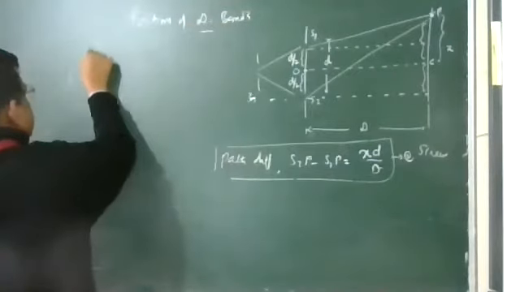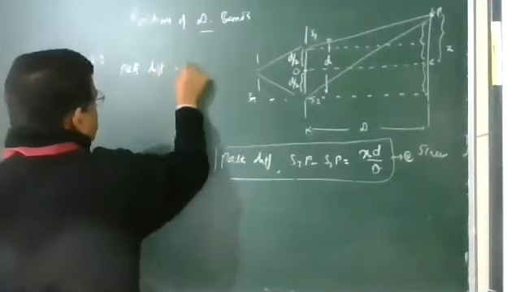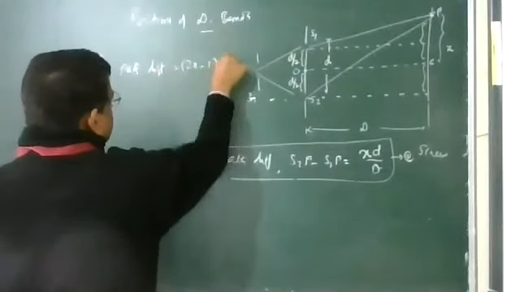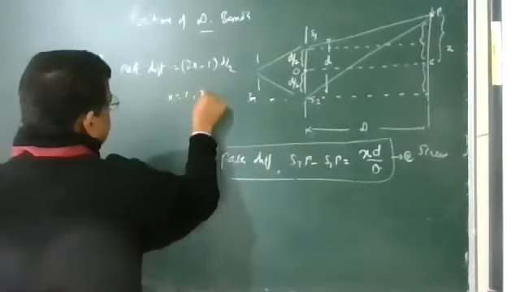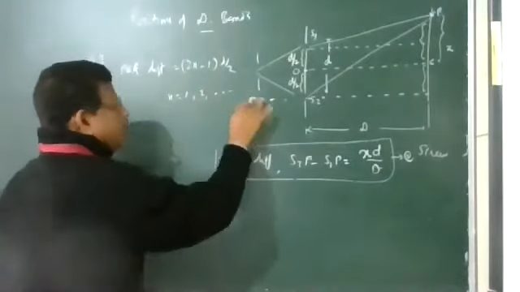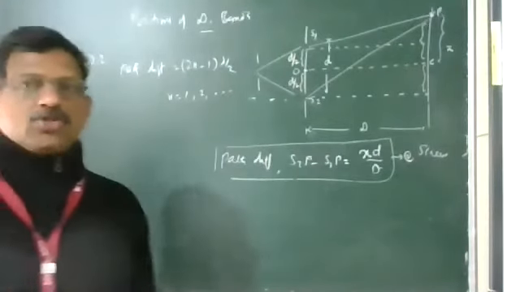For destructive interference, the path difference, as we said yesterday, is equal to (2n minus 1) lambda by 2, where n equals 1, 2, 3, and so on. Or an integral multiple of the wavelength.